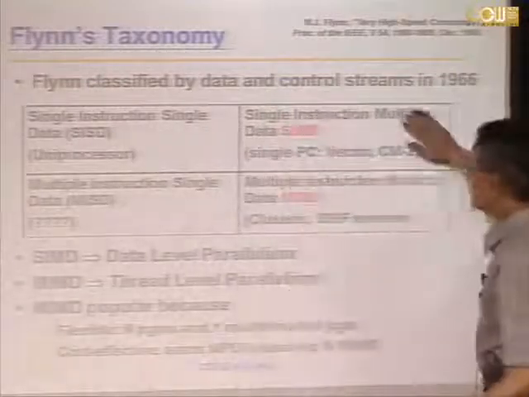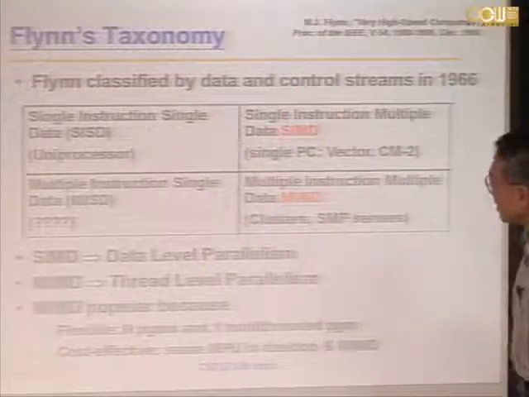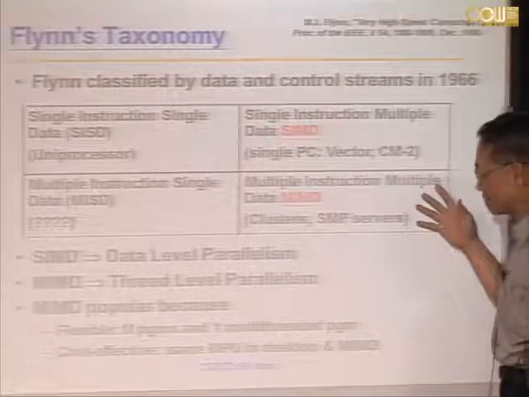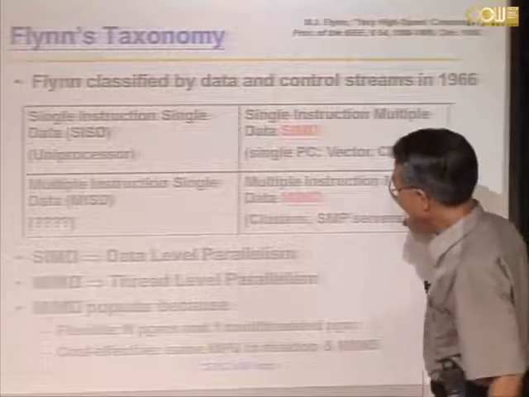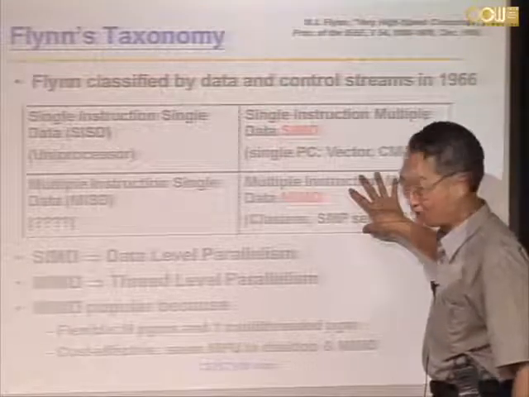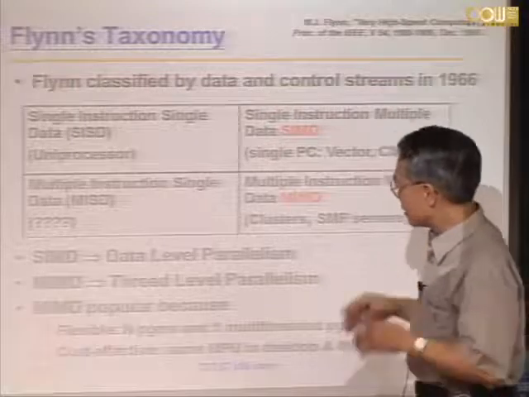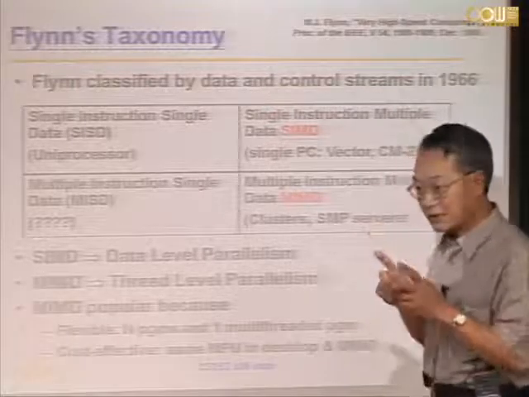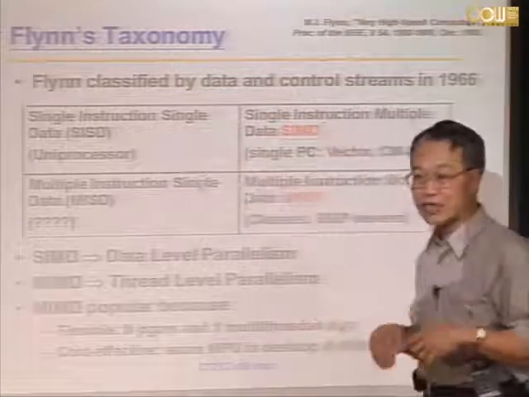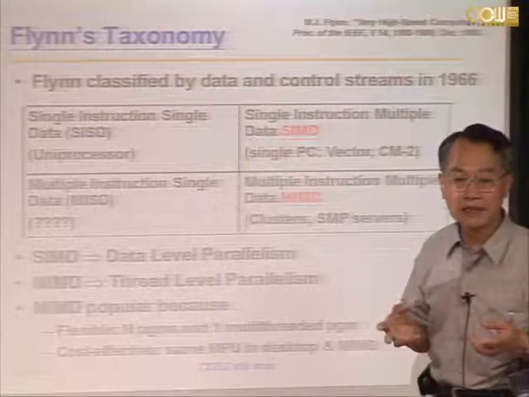Okay, this exploits data level parallelism. This exploits instruction level parallelism. Okay, I should say program level parallelism. And if I say instruction level parallelism, which category exploits instruction level parallelism?